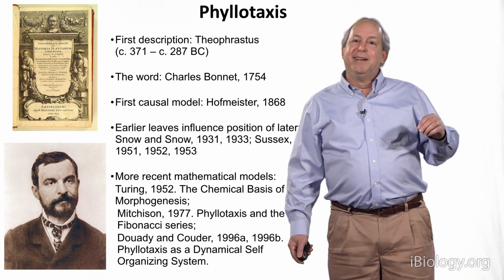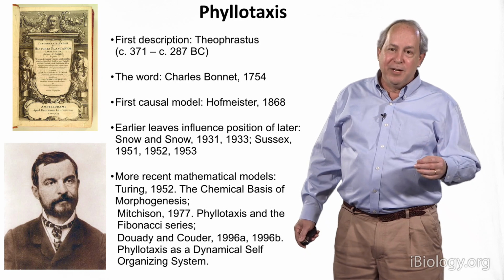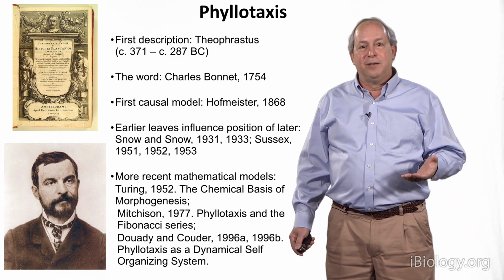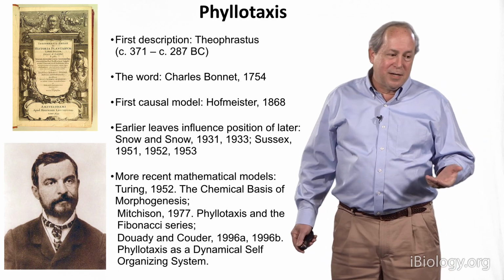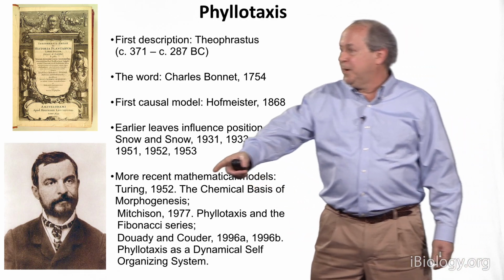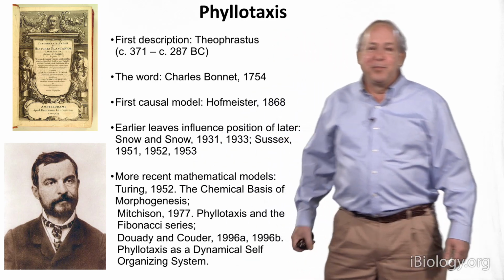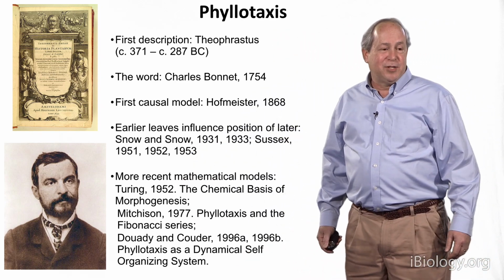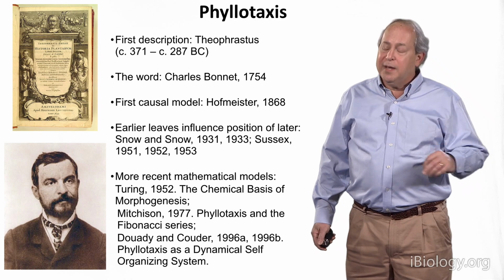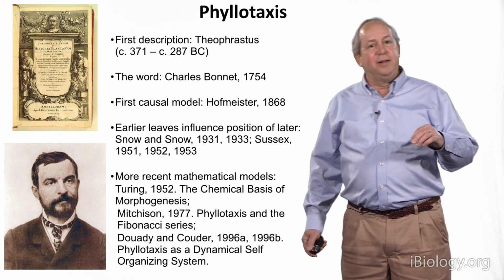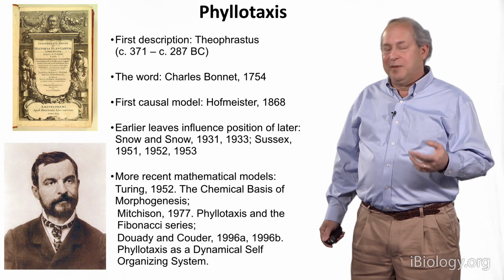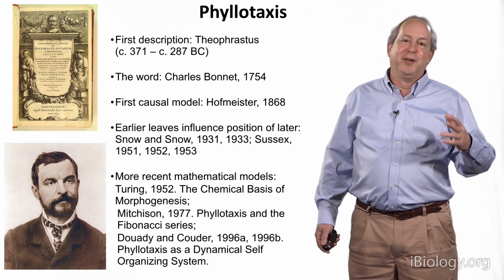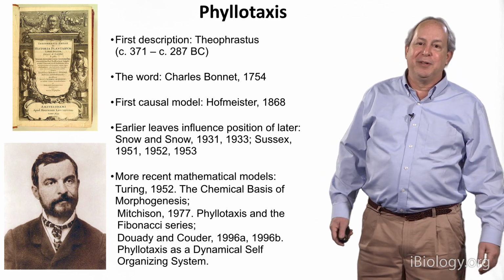The first mathematical considerations and mechanistic model, the first causal model for phyllotaxis, was done by a great 19th century botanist named Hofmeister, whose picture I've shown there. Hofmeister created a model for how a plant might generate that organ time and time again for the formation of new leaves and new flowers. Not a model that we'll discuss because it no longer pertains.